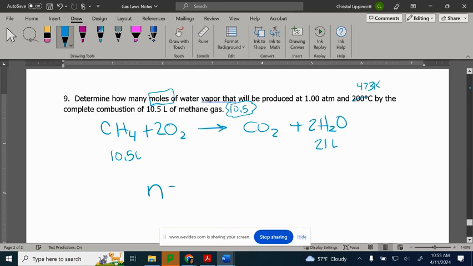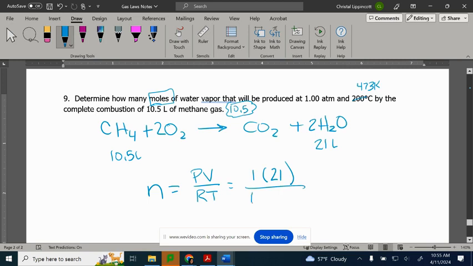Okay. Then I want to know moles of water vapor. So I'm solving for N again. My pressure is 1. Which volume am I going to use? The 21 or the 10.5? The 21, because I'm trying to find out water. So that's the volume that I want to use there.